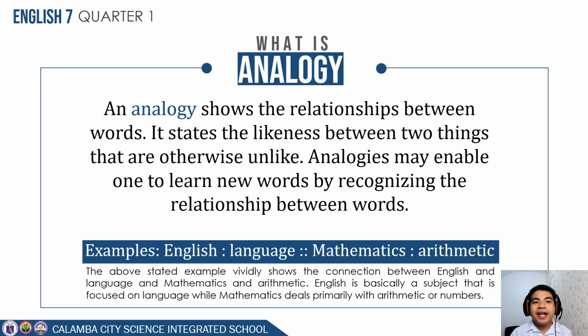The above stated example vividly shows the connection between English and language and mathematics and arithmetic. English is basically the subject that is focused on language, while mathematics deals primarily with arithmetic and numbers. Is it clear? Moving on.